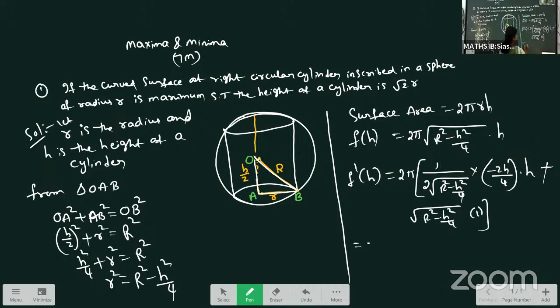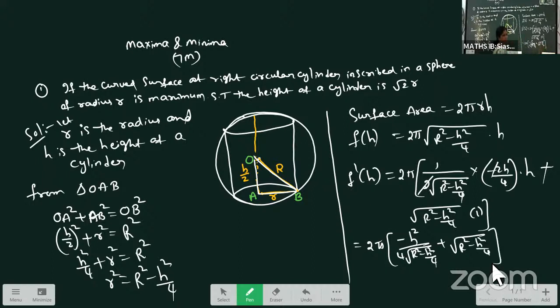Now simplify. 2 pi into, here 2 and 2 get cancelled, minus h into h, h square by 4 under root of R square minus h square by 4, plus the square root of R square minus h square by 4. This is the f dash of h value we got.